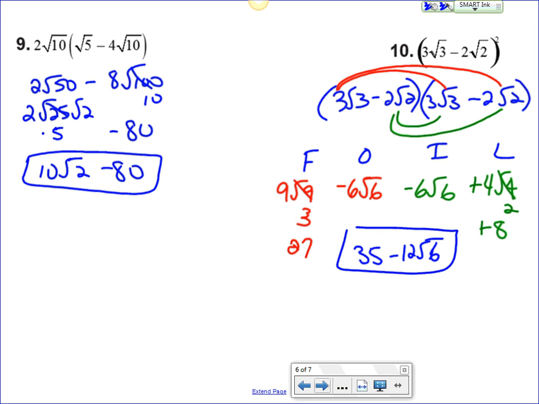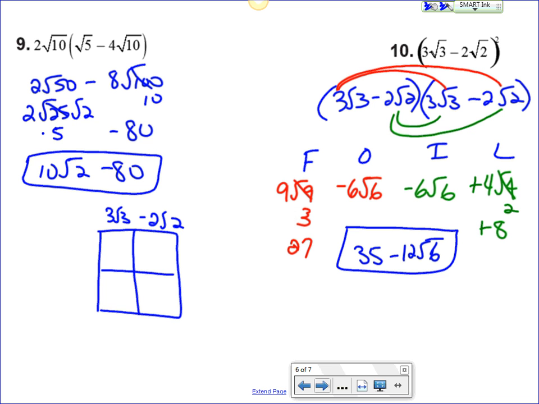Okay, now I could use the box method for that as well. So if you like to organize it with the box, this would be 3 root 3 minus 2 root 2. This would be 3 root 3 and a negative 2 root 2. And then you just simply fill in your boxes. So we said that this would be a 9 root 9.